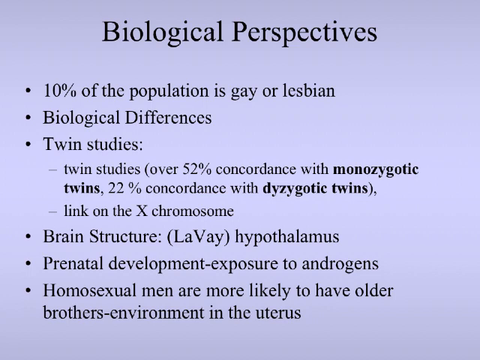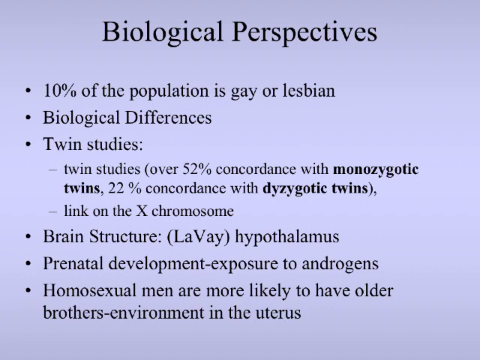Another piece of research that is hormonal in nature and also focuses on prenatal development is the fact that homosexual men are more likely to have older brothers. And the thinking here is that when women have a boy child, that child will produce testosterone or androgens in order to help initiate sexual differentiation.